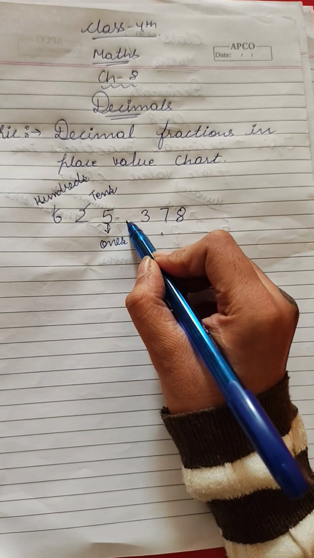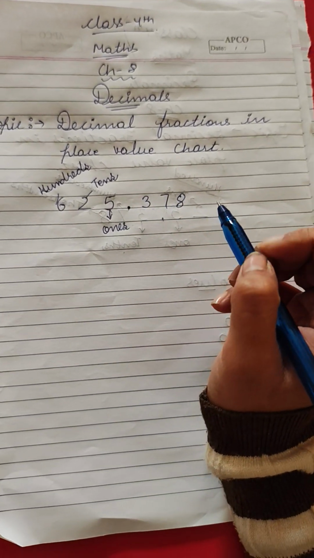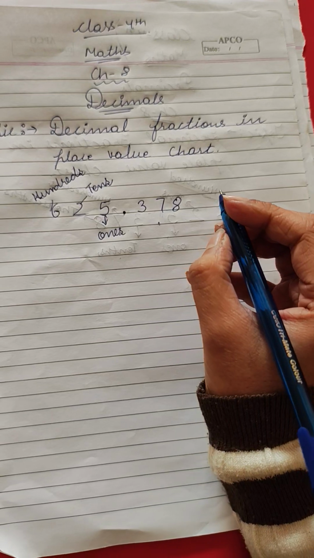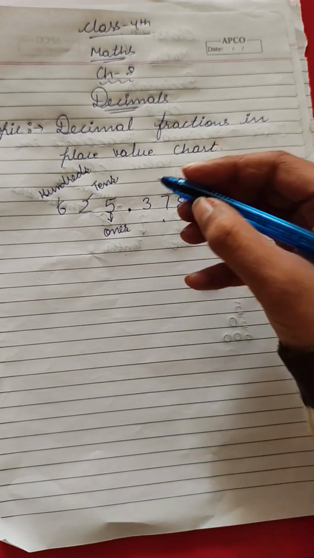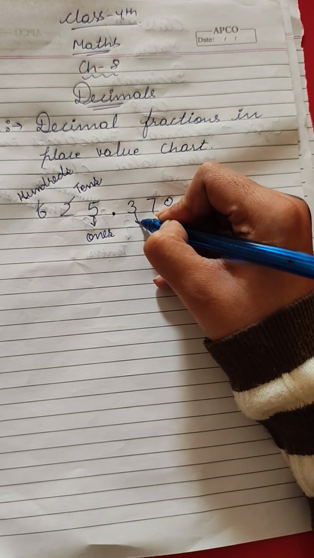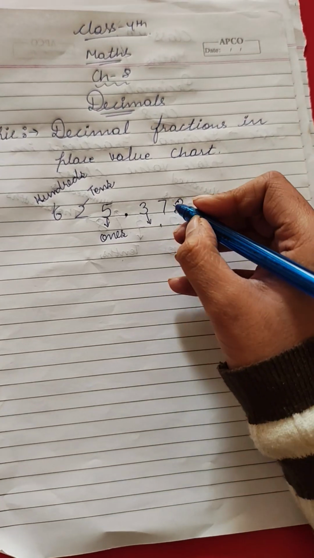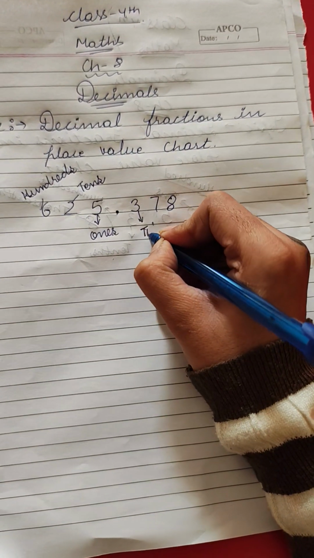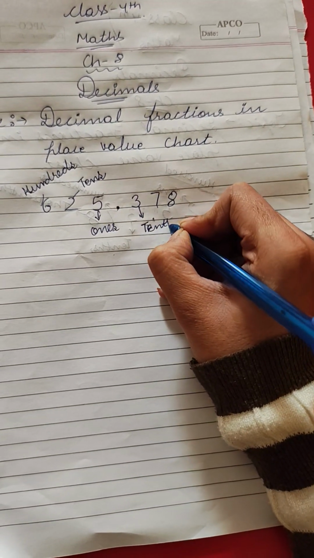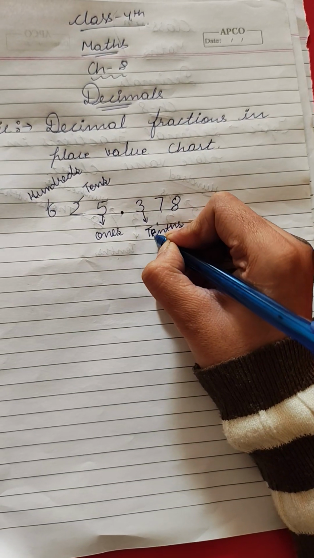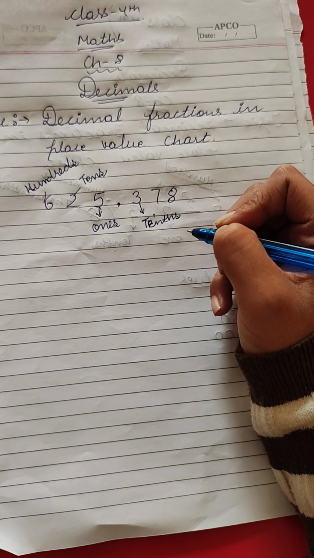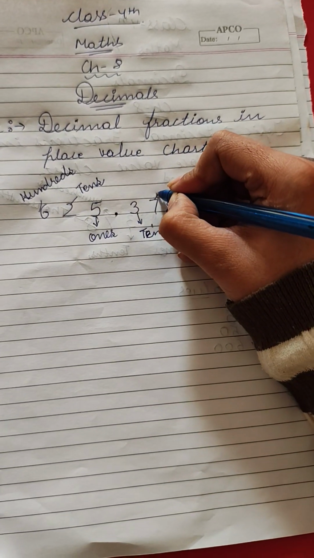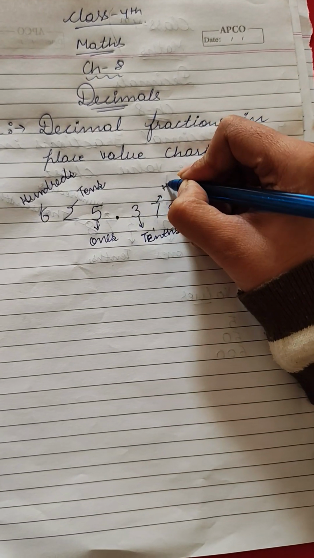The digits which come after the decimal, we are going to discuss the places of these numbers. 3 is on the tenths place. It's not tens, it's tenths. 7 is on the hundredths place.